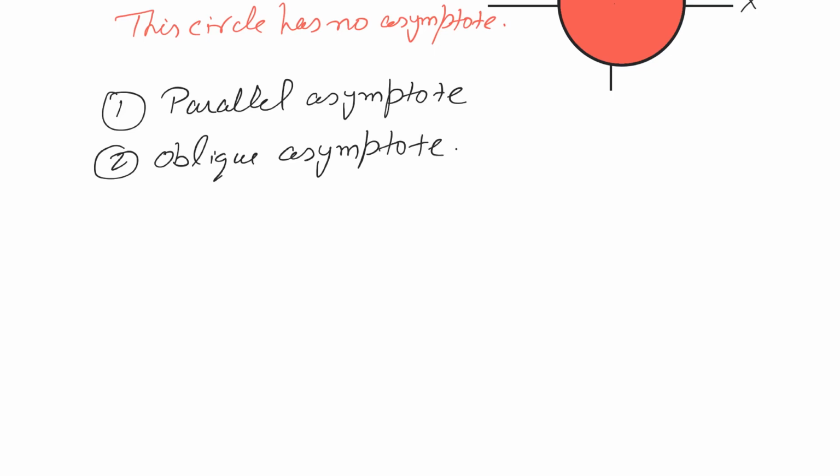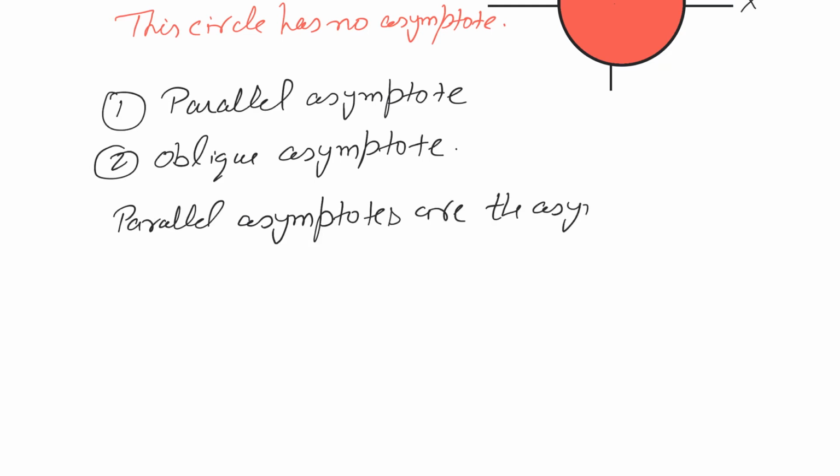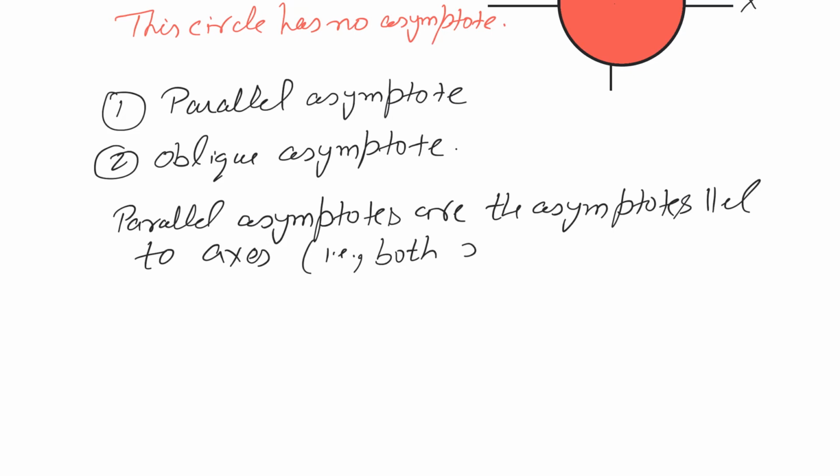Parallel asymptotes are the asymptotes which are parallel to the axis, that is both x-axis and y-axis.